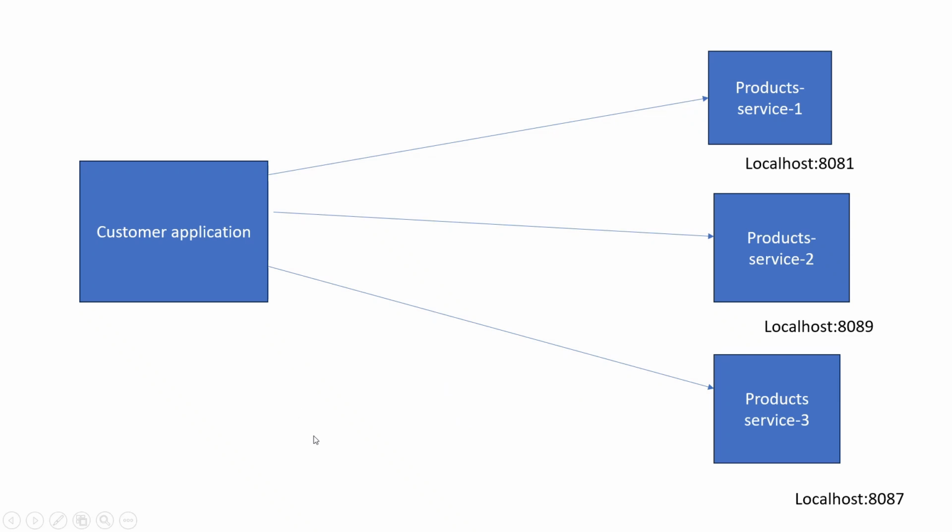That is not possible, so there comes the Eureka Discovery Service into the picture, which registers all the instances of the services inside the Eureka service. So we can access whatever service or resource we need.